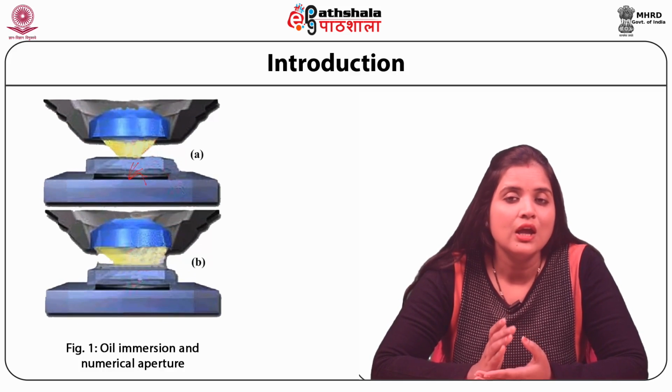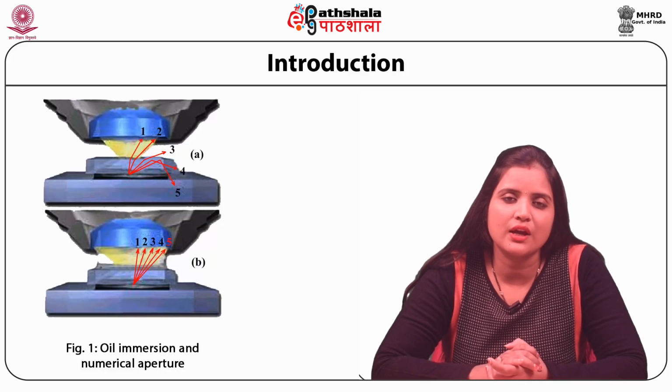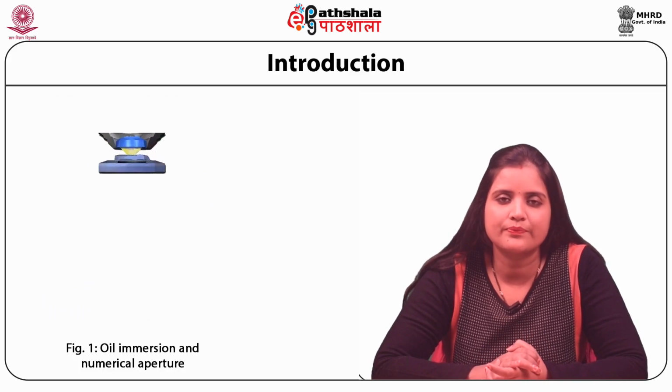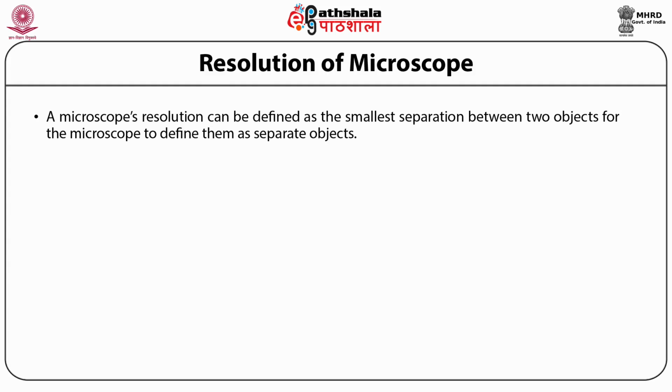This ability depends on the refractive index and opening angle of the lens which is used. Resolving power can be defined as the smallest separation between two objects for the microscope to define them as separate objects. This minimum distance is denoted as delta.